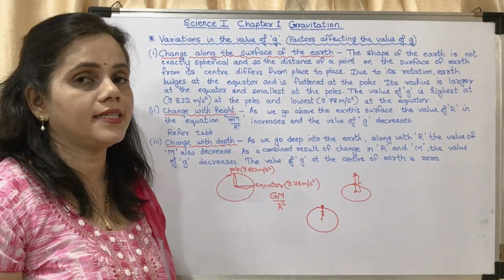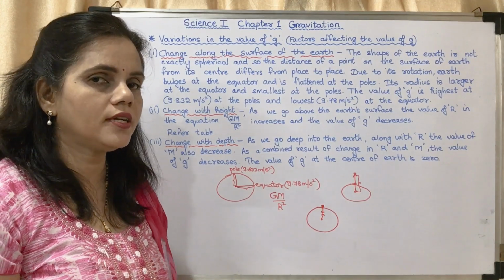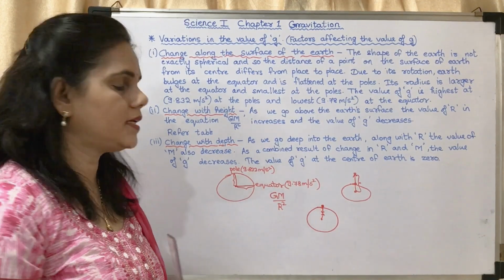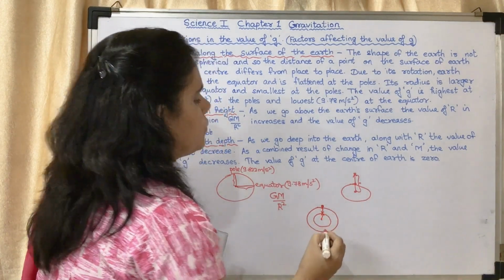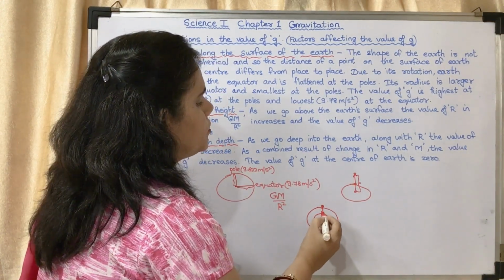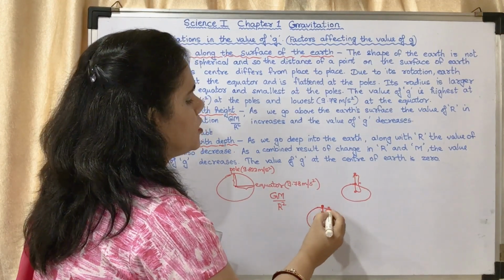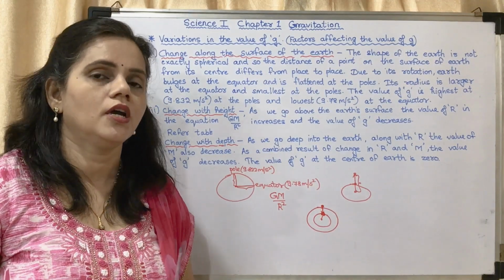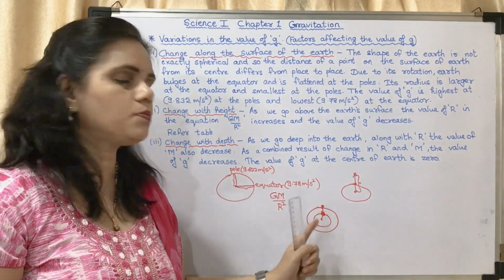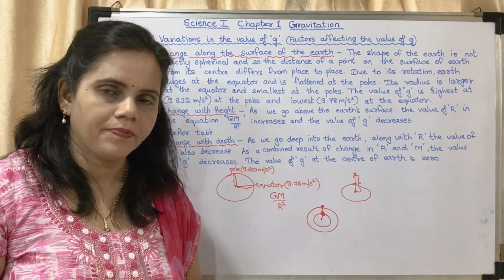So everybody will think that if the value of r decreases, the value of g should increase. But what happens? The object is here, which means only this much of the mass of the earth we have to consider. We don't have to consider the complete mass of the earth. That means the mass is also decreasing. Understood?